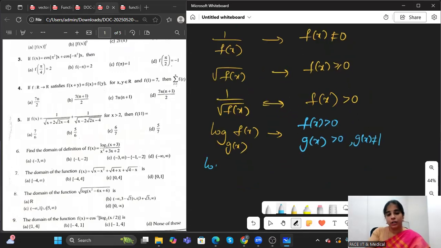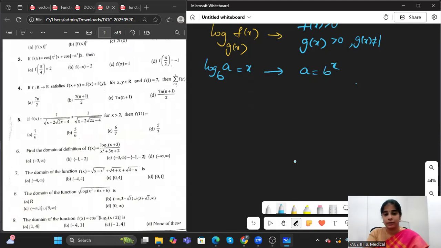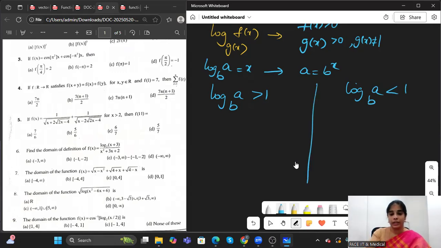If log a base b equals x, from here a equals b to the power x. Agree with that? Right? Now, if my question is in an inequality form, that means if you have log a base b greater than 1, or log a base b less than 1, how are we going to relate them?